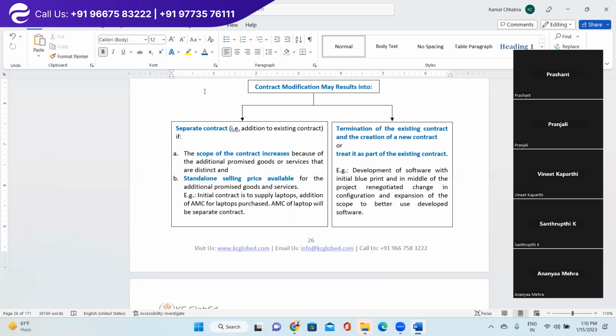Now look at the right hand side: the termination of the existing contract and creation of a new contract, or treating it as a part of the existing contract and an extension of the existing contract. For example, development of software with an initial blueprint, and in the middle of the project the parties renegotiate a change in configuration and expansion of the scope to better use the developed software, right?